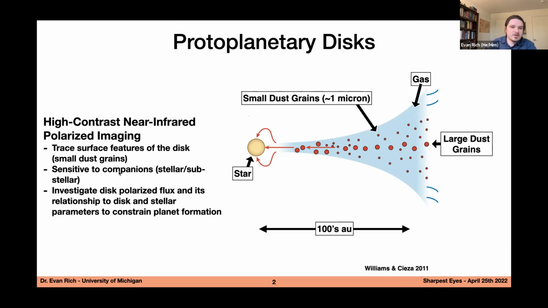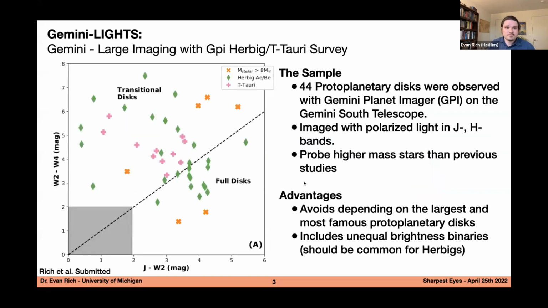In addition, and what will be really important to this work, is that since we're looking at more massive stars, they are more likely to have binaries, and our high contrast near infrared imaging is going to be sensitive to those companions. So by taking all this information together, we can see whether the scattered light flux we detect for our targets correlates with disk and stellar parameters, so we can constrain planet formation.